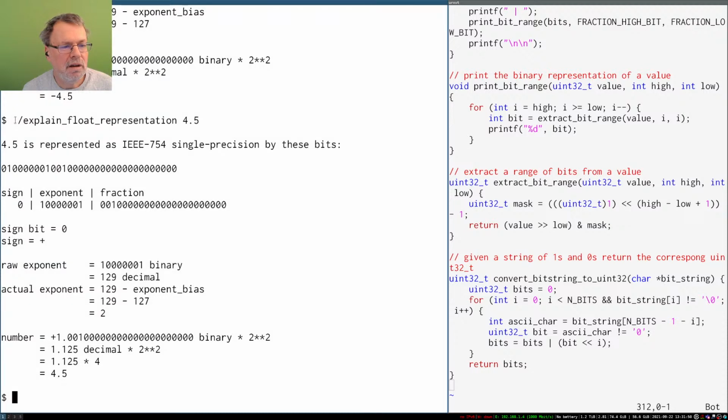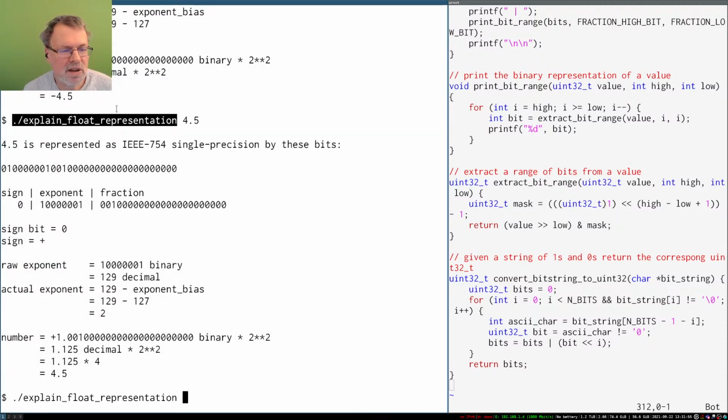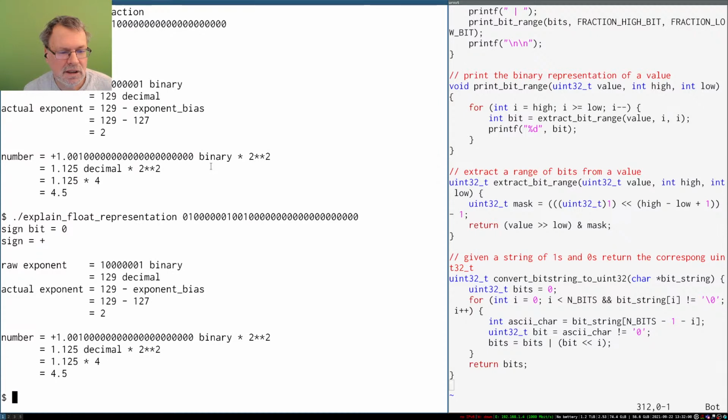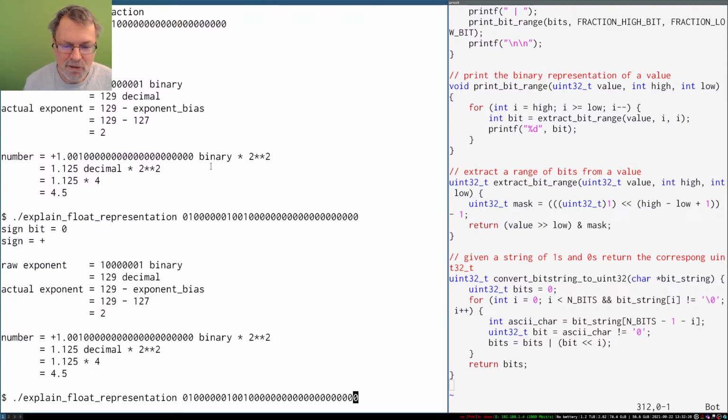Let me show you. My recollection is this program goes both ways. If I put a bit pattern in there, it will tell me what the value is. If you put in a floating point number, it turns it into a bit pattern. If you put in the bit pattern, it tells you what floating point number it is. That's quite nice. So I could actually muck with the bit representation.